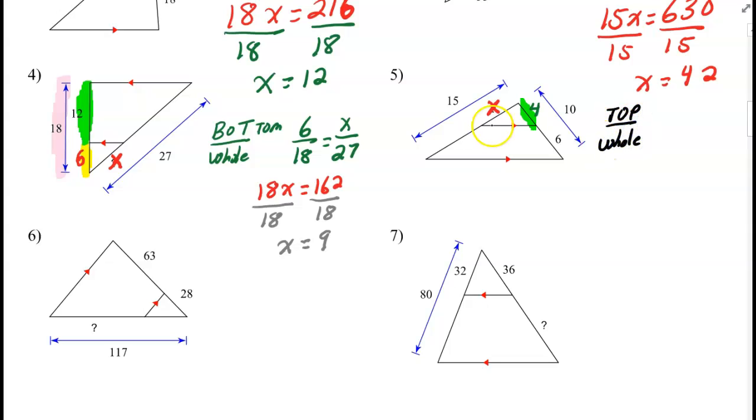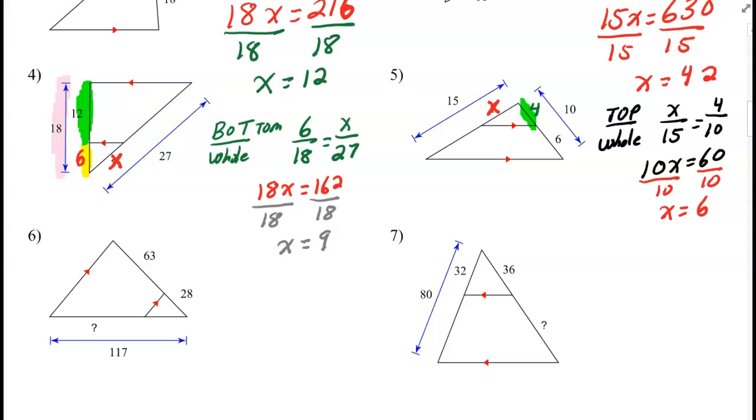So the top pieces are x and 4 and the wholes are 15 and 10. So for this problem I'm going to say x over 15 is equal to 4 over 10. Cross multiplying, 10x is equal to 60. Divide by 10, and I get x is equal to 6.